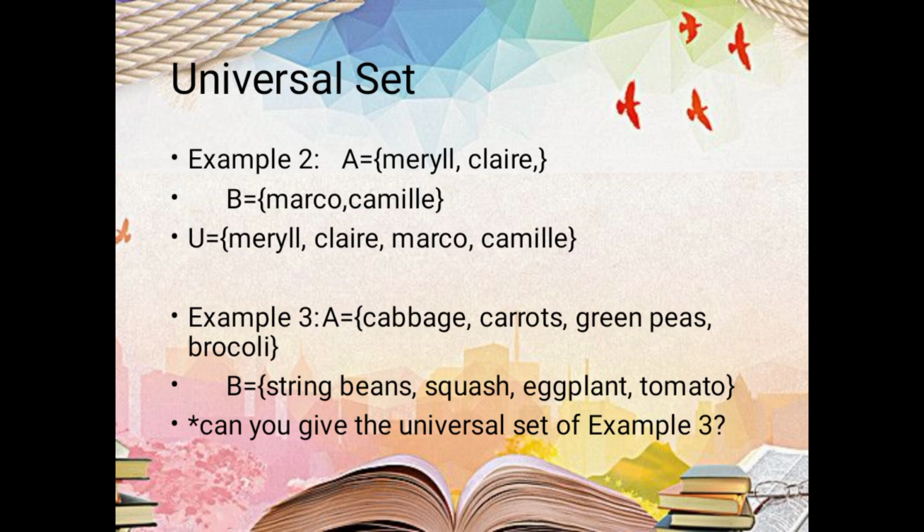So, the universal set of A and B is equal to cabbage, carrots, green peas, string beans, squash, eggplant, and tomato. So that is the universal set of A and B.